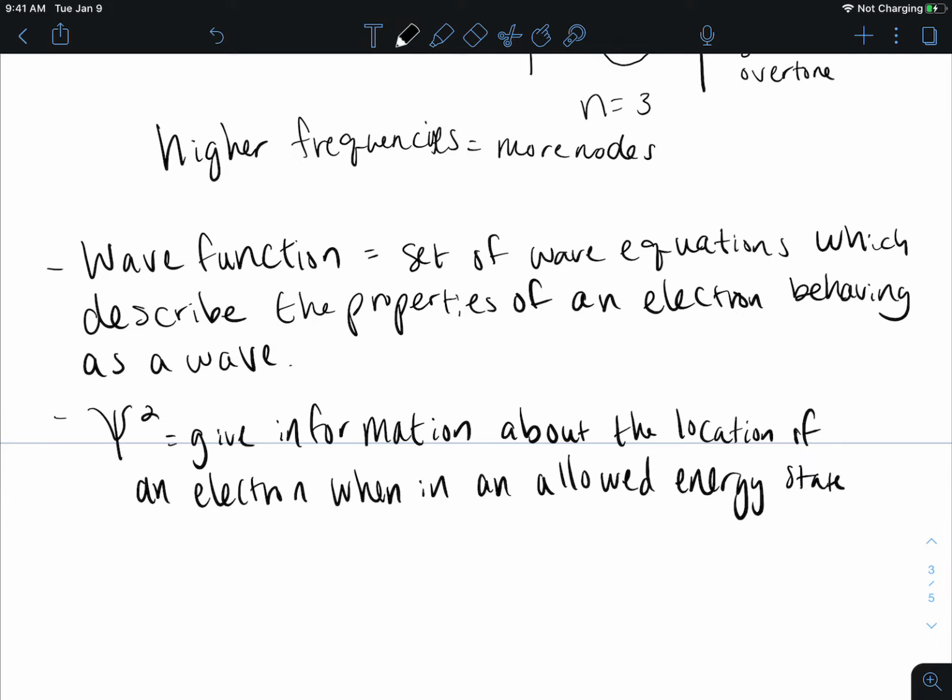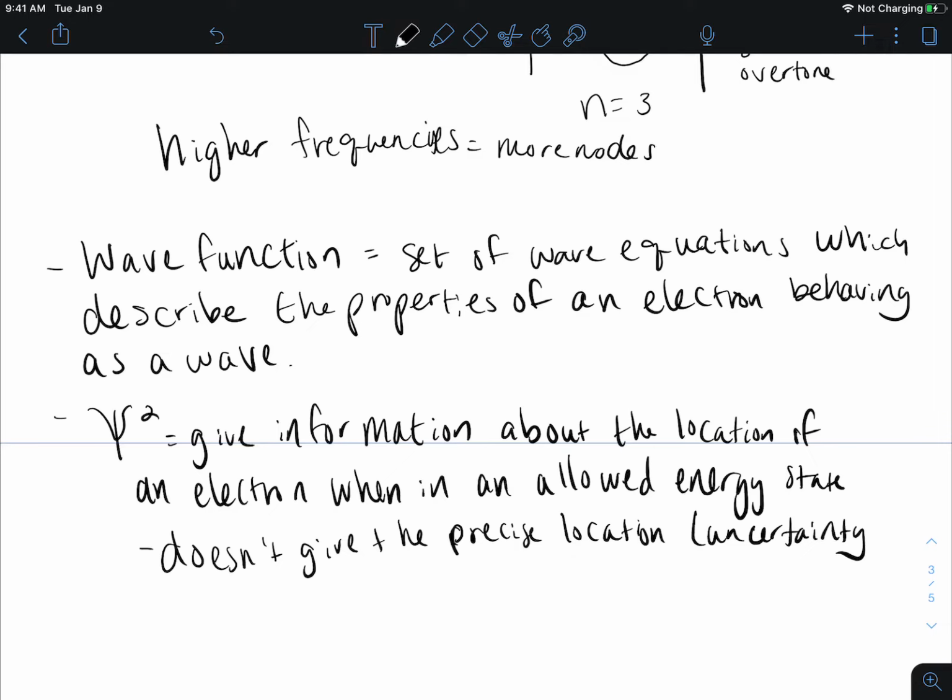So it does not give us the precise location because of the uncertainty principle. But it will give us an approximation of the location. So it gives us the probability of finding an electron within a certain range.